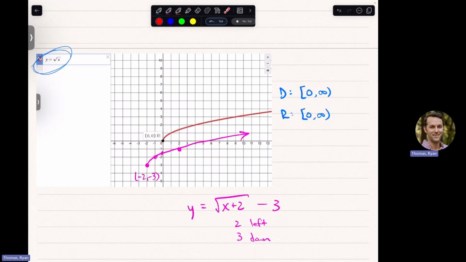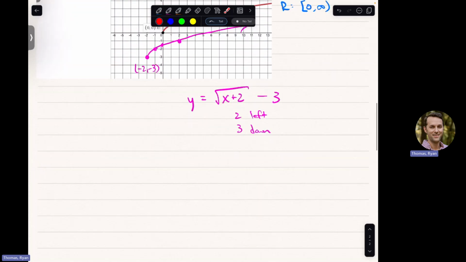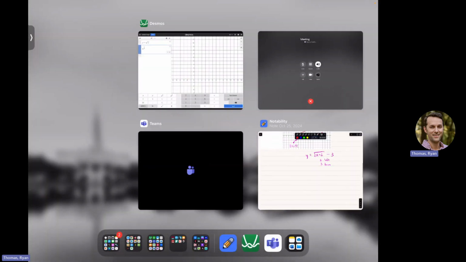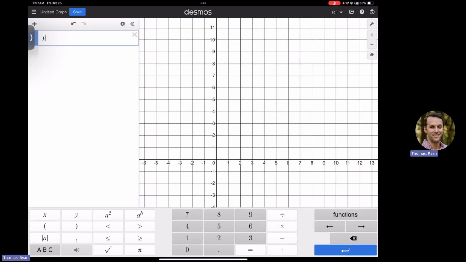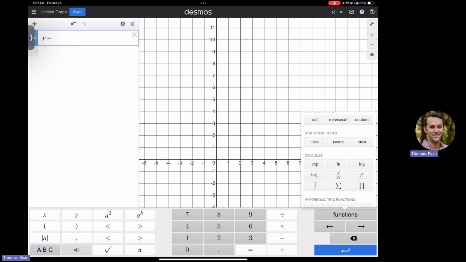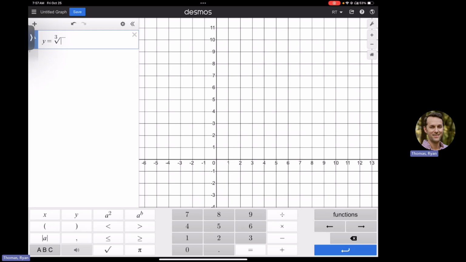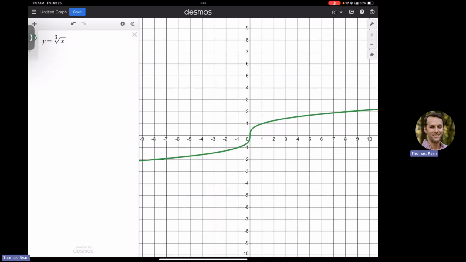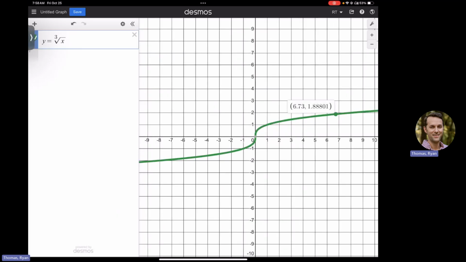The same thing is not true for, and I should have graphed this one beforehand, but I didn't, a cube root or any odd root. So that's the cube root of x.